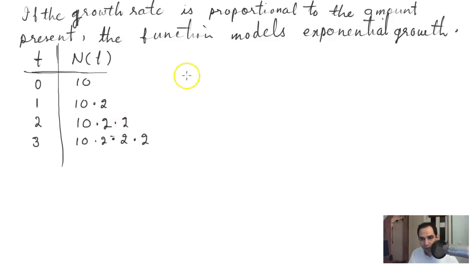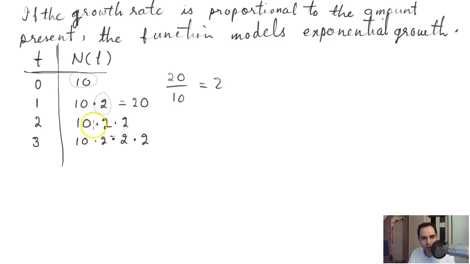That is the meaning of the sentence that says if the growth rate is proportional to the amount present. The amount present is, for example, 10, and the growth rate, you could call it 2. This is equal to 2, this is equal to 20, and your growth rate is always equal to 2. If you divide 20 by 10, you get 2.